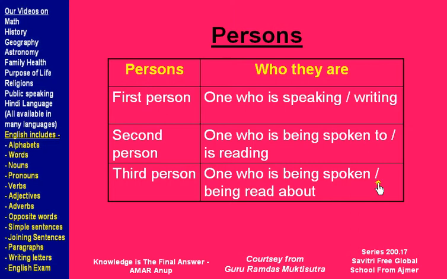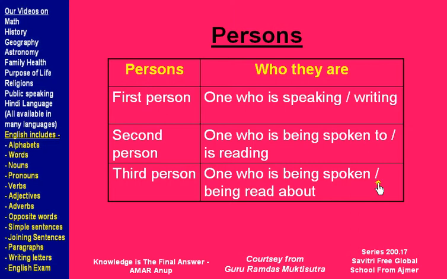What do you mean by person? See, when we are talking to somebody, there is one person who is speaking, there is one person who is listening, and suppose they are talking about a third person. Like I am talking to you and I am talking about Rama, who is a student in your school.